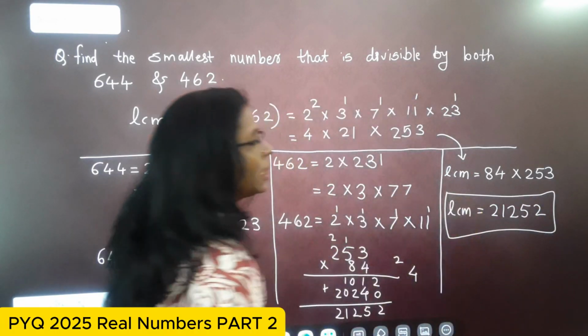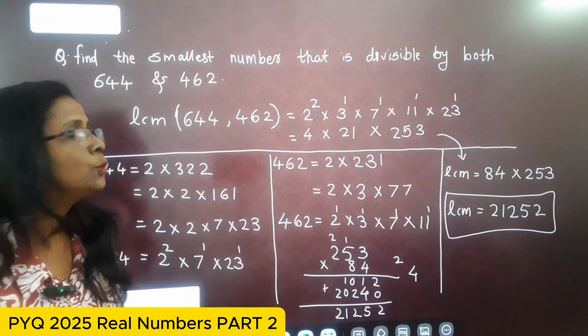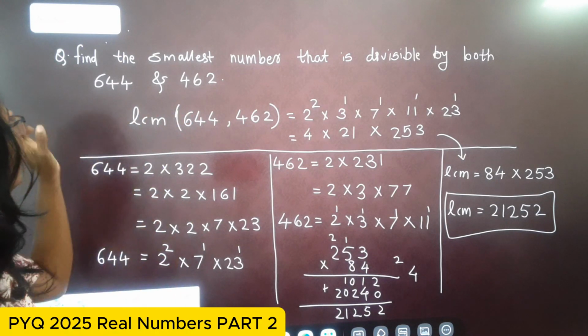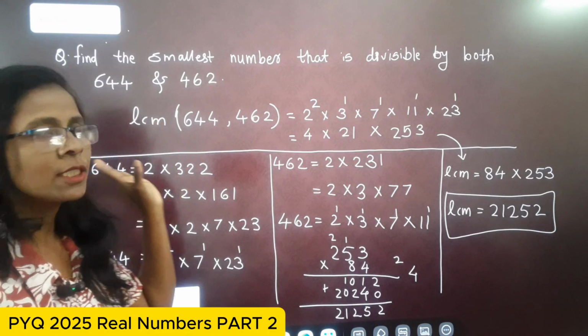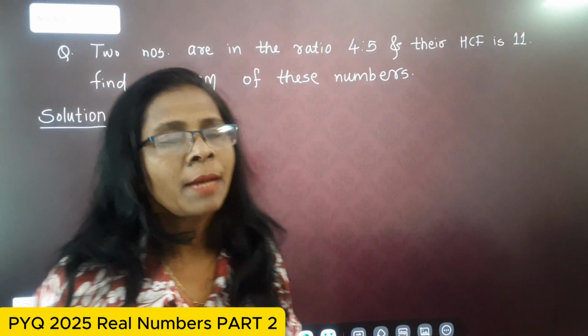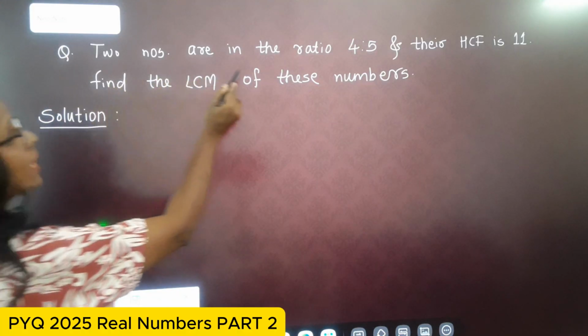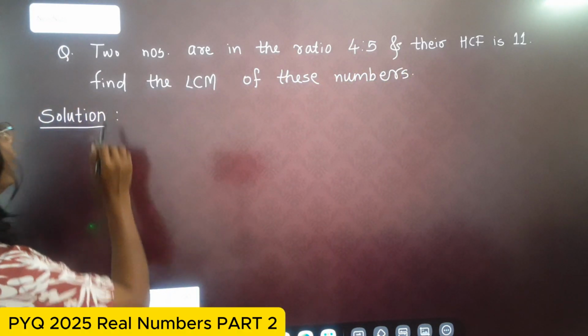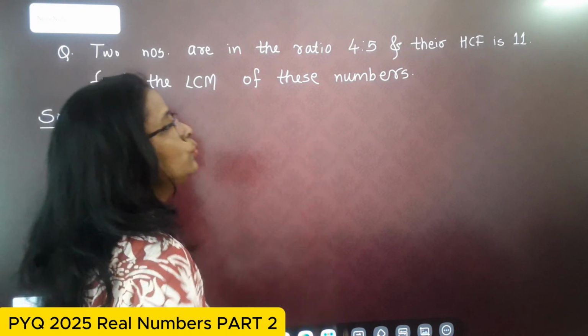So the LCM is 21252, the smallest number that is divisible by both 644 and 462. Next example, students: two numbers are in the ratio 4:5 and their HCF is 11. Find the LCM of these two numbers.